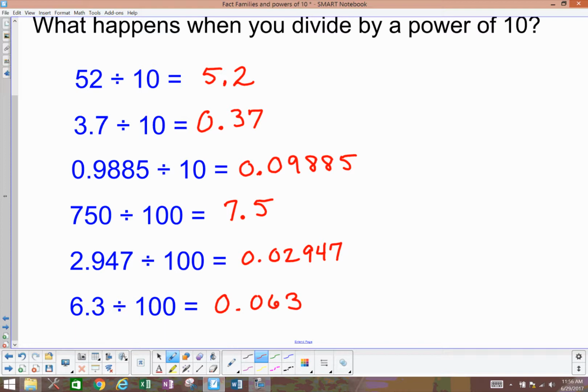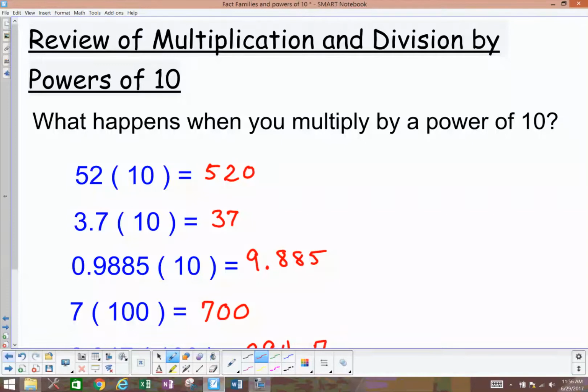Now, you may have learned this in elementary school by actually moving the decimal place. You're not actually moving the decimal place, you're actually changing the place value system because you are multiplying or dividing by a power of 10. But it is a shortcut. So if I think about 52, if I'm multiplying by 10, I would move my decimal 1 place back.